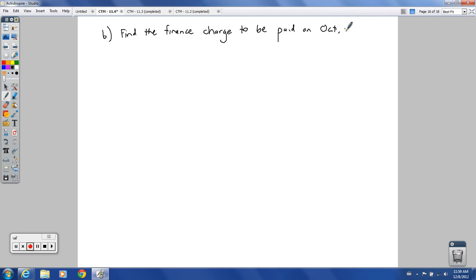That's the billing date. So on October 19th, the billing date for each month. Assume an interest rate, this time we're going to say 1.4% per month.